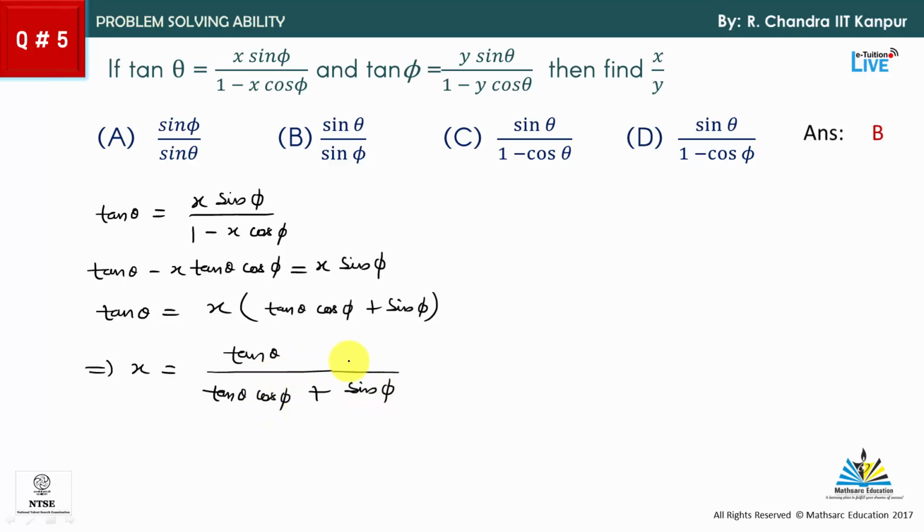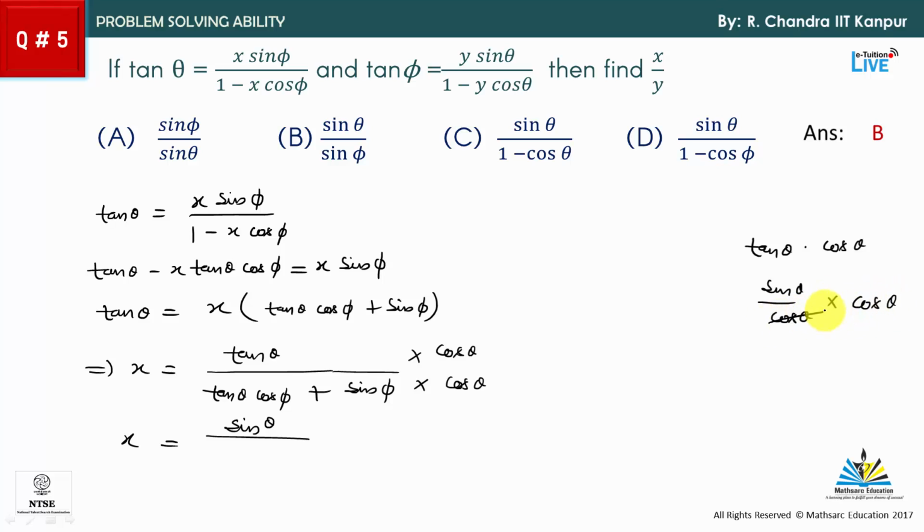Now if we multiply numerator and denominator both by cos theta, so what will we get here? We know tan theta is equal to sin theta upon cos theta. If you multiply by cos theta, the numerator will be sin theta upon cos theta into cos theta, so you can cancel cos theta and this will give you sin theta.